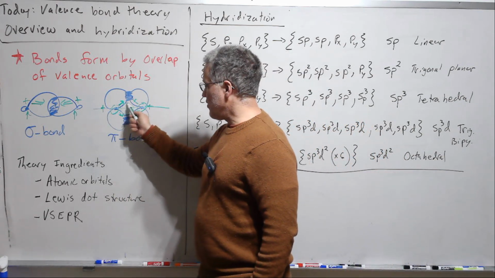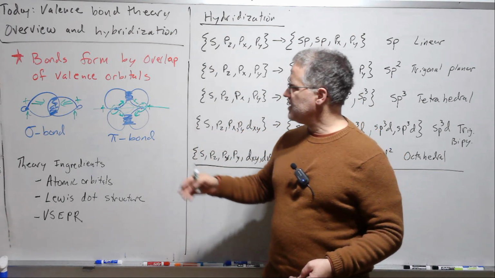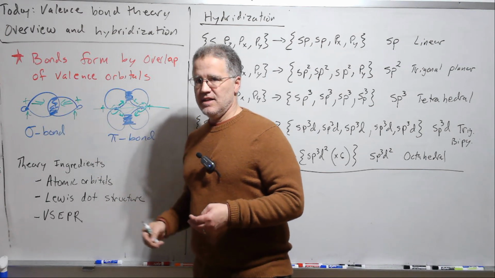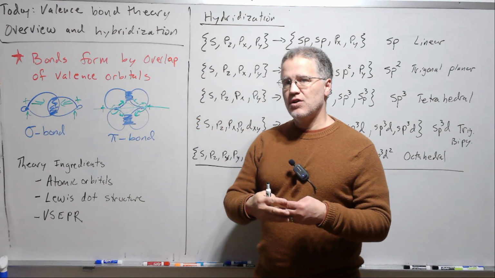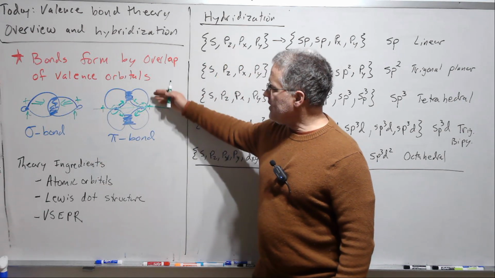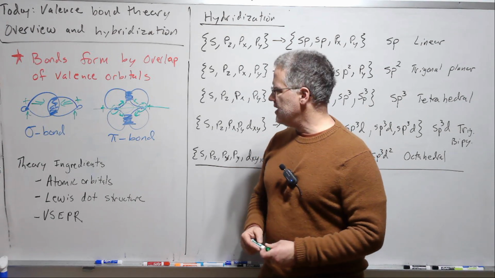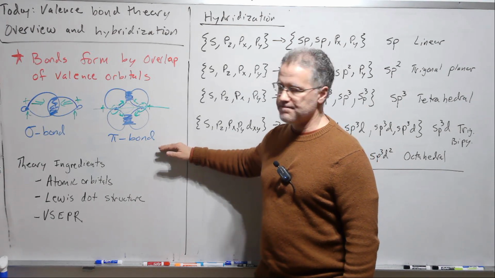Now, there is a bare open area here, so this is less significant than this. So this type of bond is relatively weaker than this type of bond. When the electron density is above and below the bond axis, we refer to that as a pi bond.